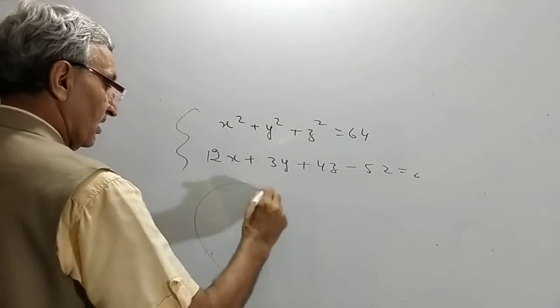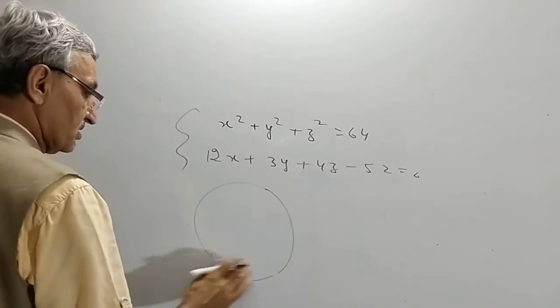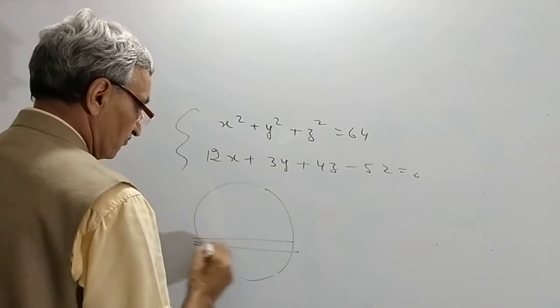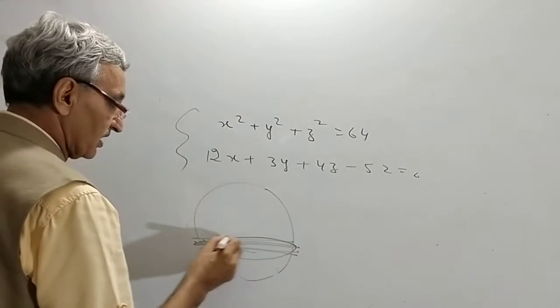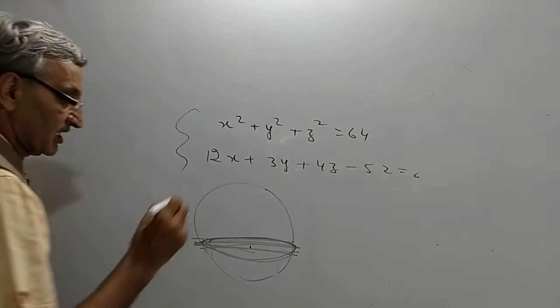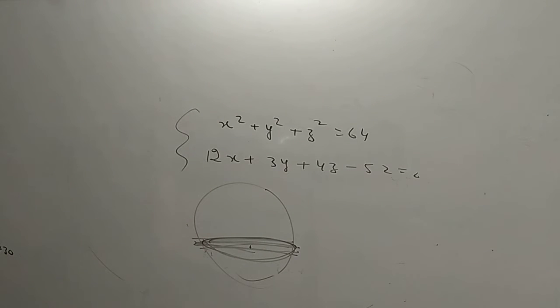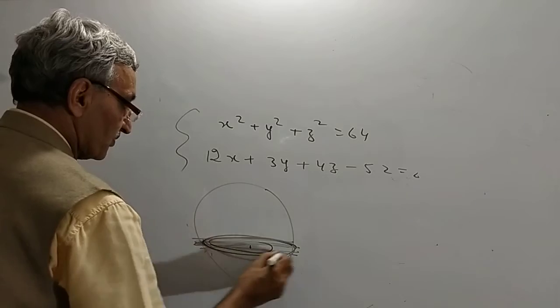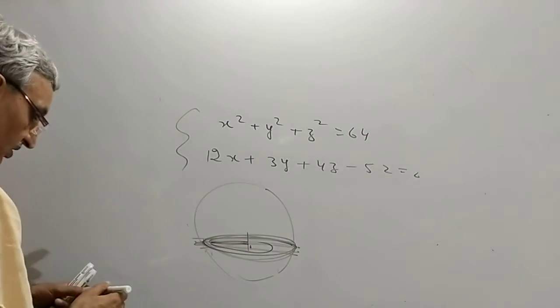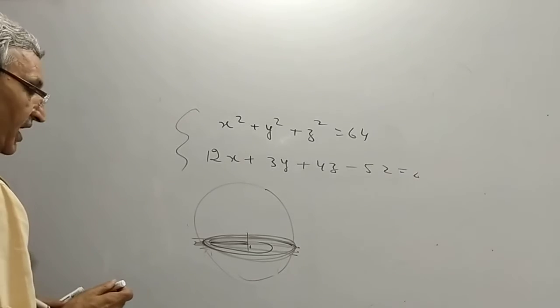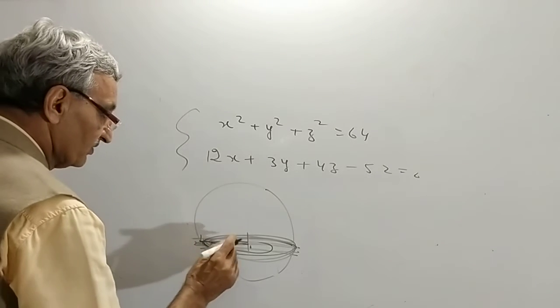This sphere is sectioned by the plane. When a plane intersects the sphere, it cuts a circle, a circular section. The question is to find the radius of this circle.